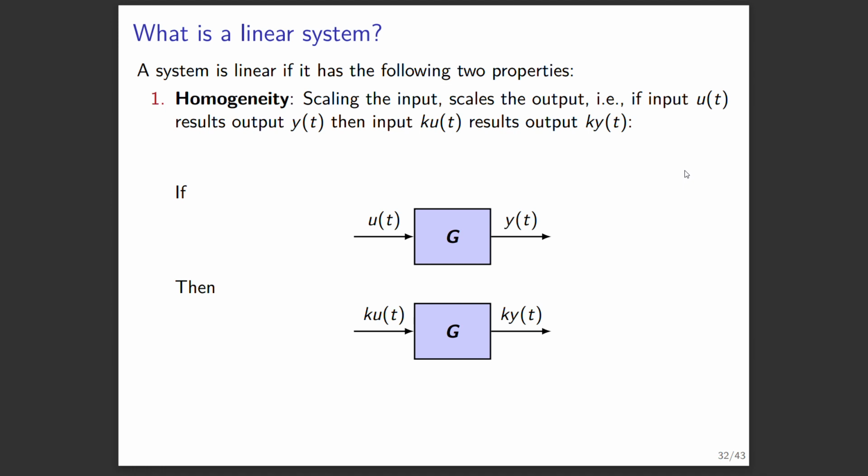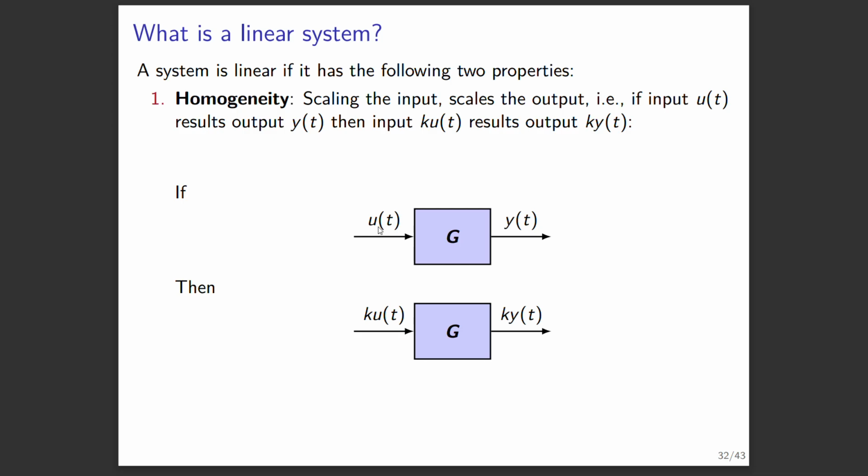A system is linear if it has two properties. One, being homogeneous, which means that if you scale the input, the output is scaled. So I give my system a function of time and it produces another function of time. If I scale that function of time u, then the output would be scaled too. For example, I give a sinusoid, let's say sine of 3t, and the output is something, like the number 5.